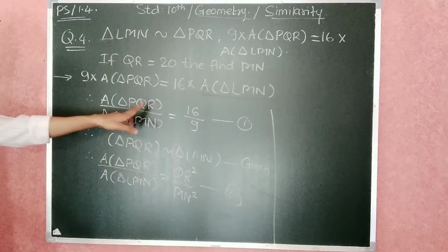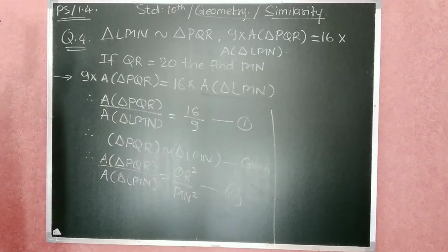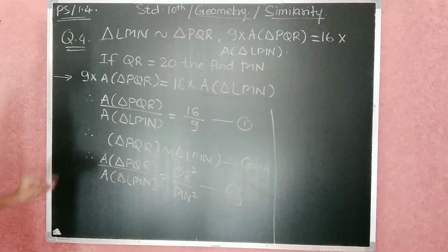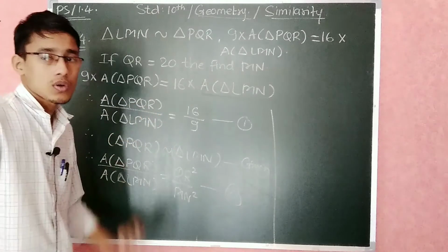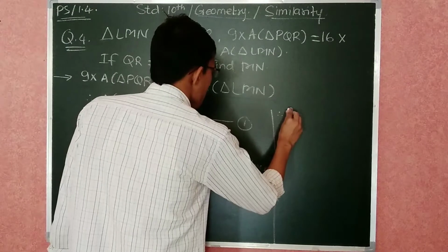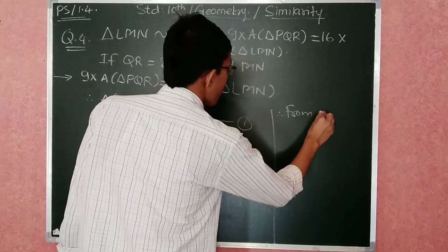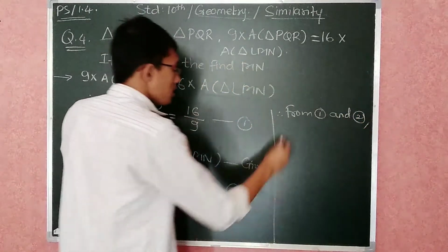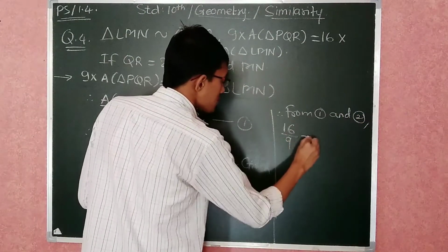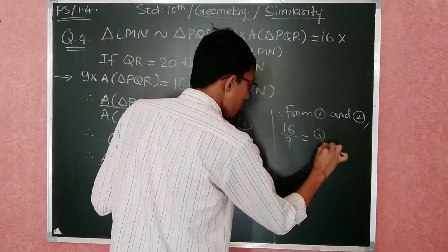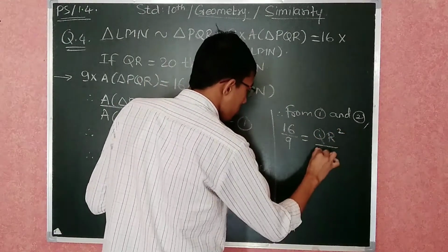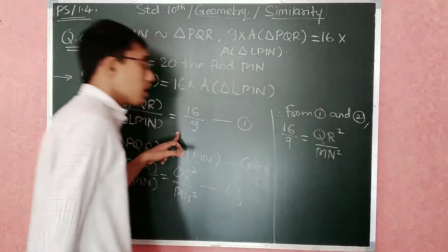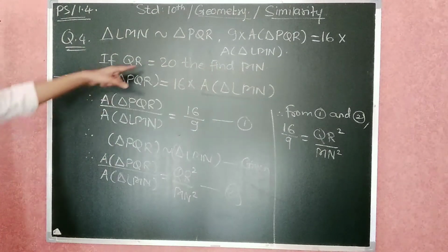Now from equation 1 and equation 2, as we can see that the LHS of both equations is the same, the RHS is also the same. Therefore from 1 and 2 I can write 16 upon 9 is equal to QR square upon MN square. Now the value of QR is given, that is 20.